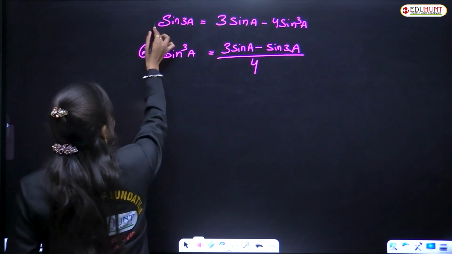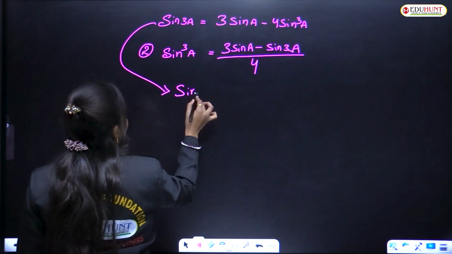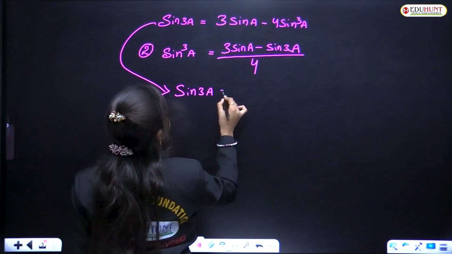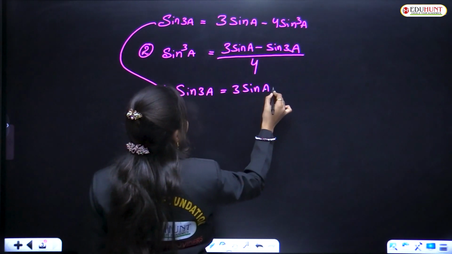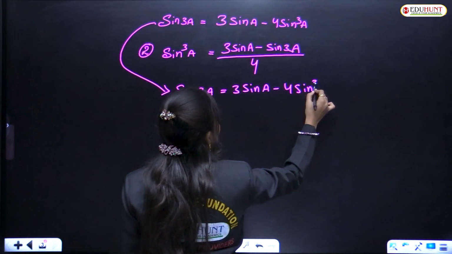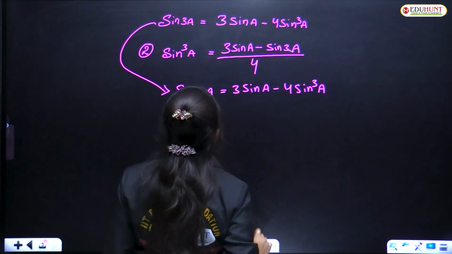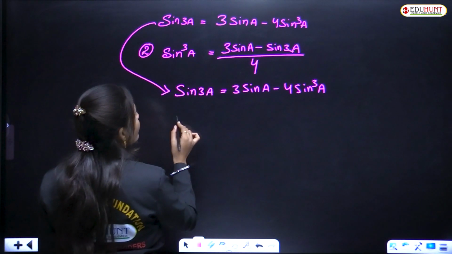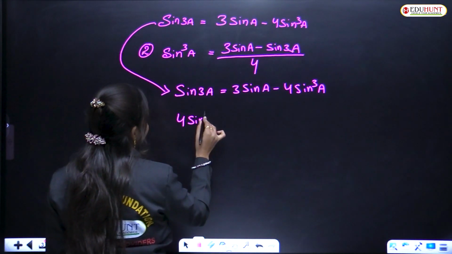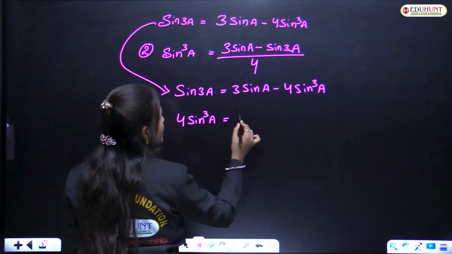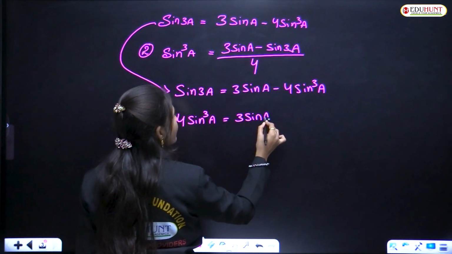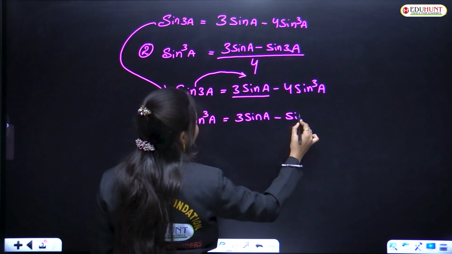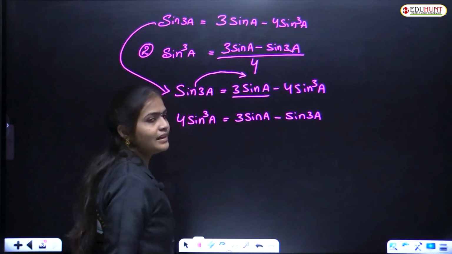See how it comes. I am writing sin 3A, which is equal to 3 sin A minus 4 sin cube A. Here we need the sin cube A term, so change the terms to the LHS, and then we get 4 sin cube A. In the RHS we have 3 sin A, and sin 3A becomes minus sin 3A.